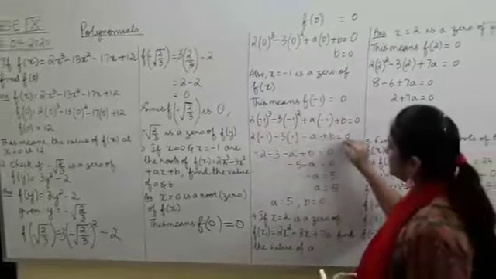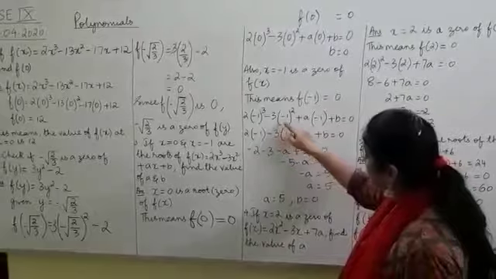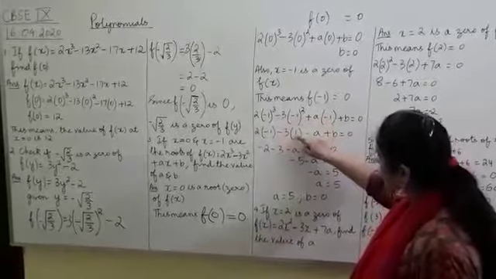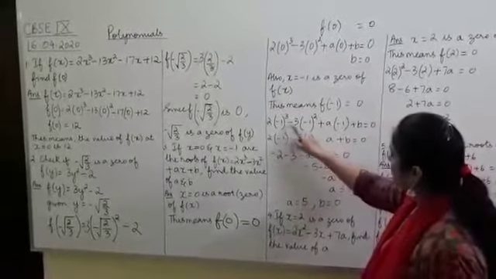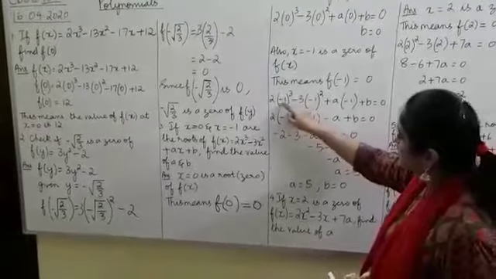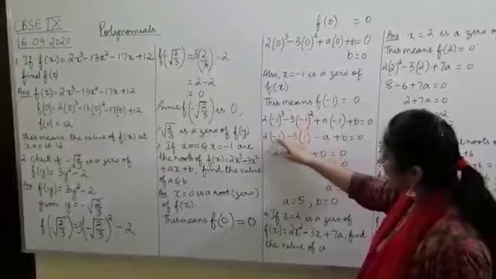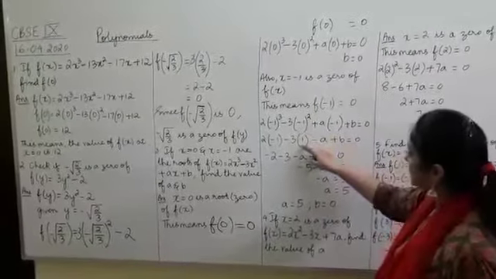So solve this one. See, it's not minus into minus plus. Simplify the bracket first. What is minus 1 the whole square? Plus 1. Next do 1 into minus 3. Do not multiply the signs first like this. So here also, first cube this. What is minus 1 the whole cube? Minus 1. Then minus 3, minus 1 the whole square is minus 1.